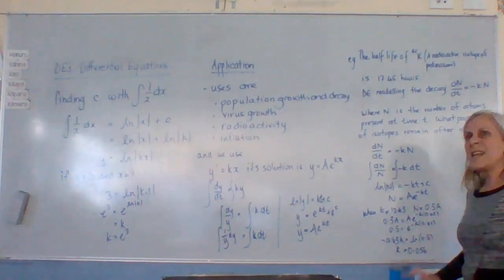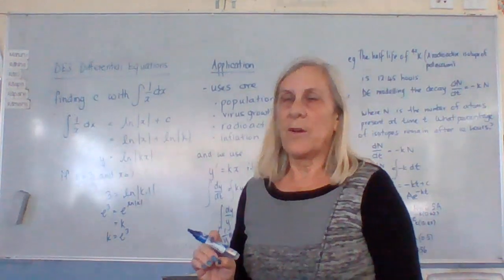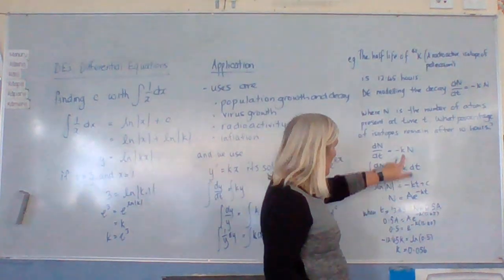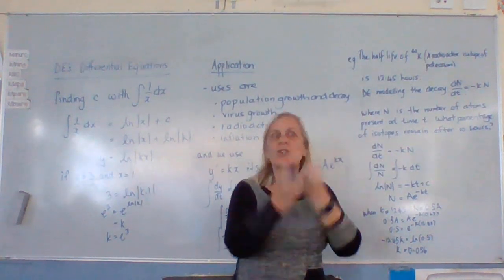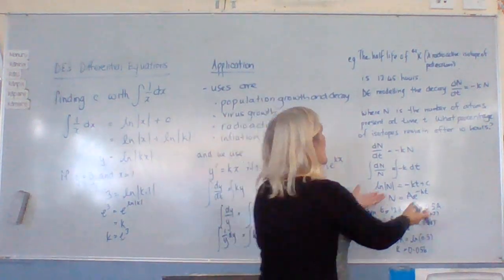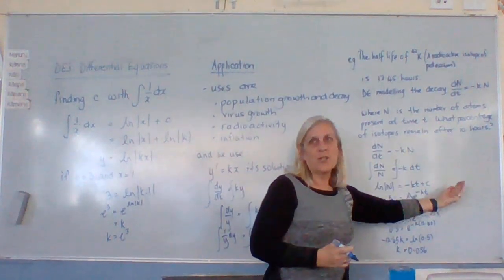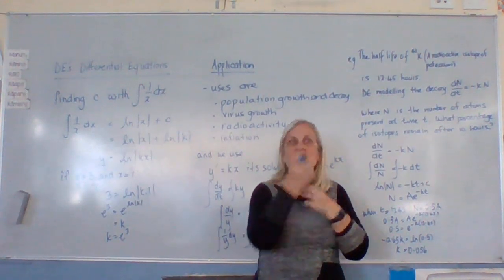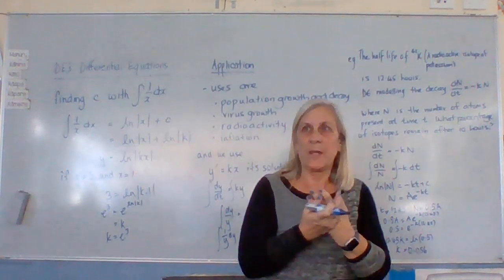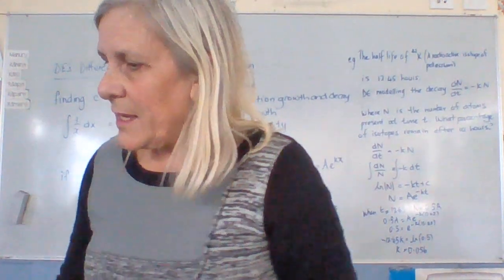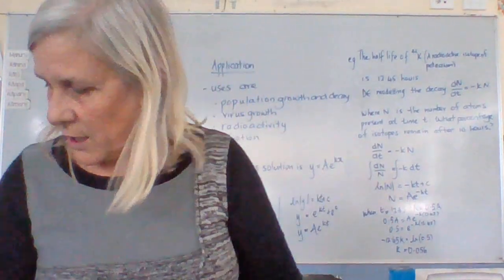Yep. So that is just a multiplier. All right. That belongs in our equation here. It's our proportional relationship. The relationship between the change and the original is negative 0.056. That's the relationship between them. Okay. So it's the rate of change as such, I suppose.